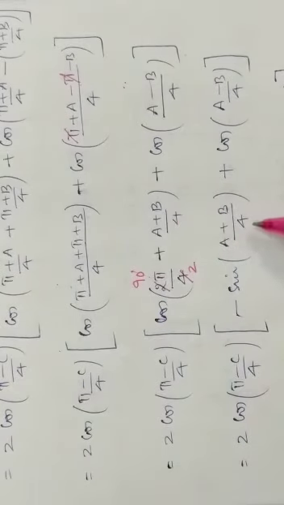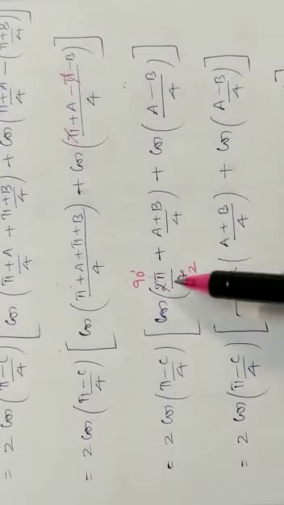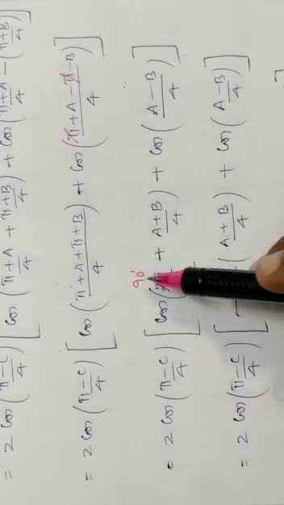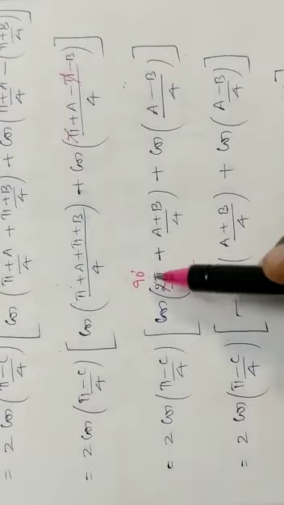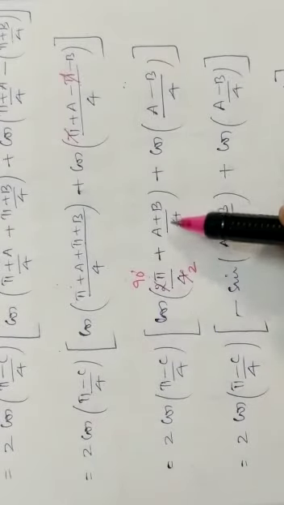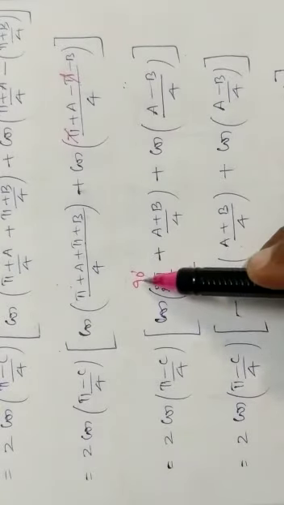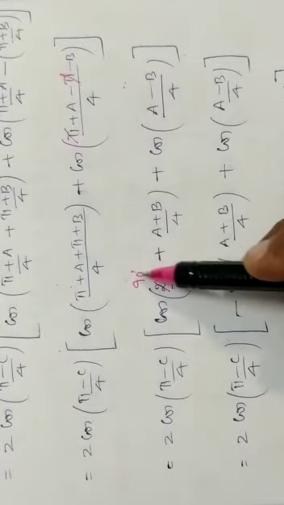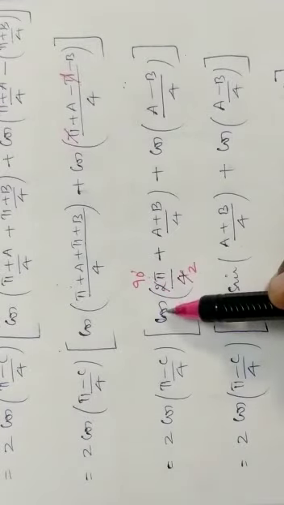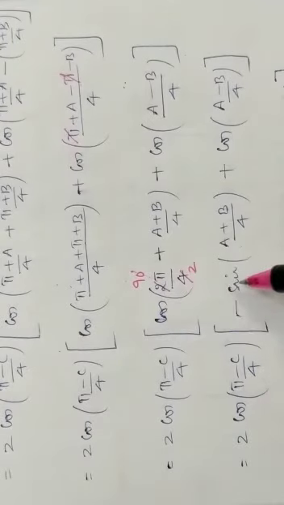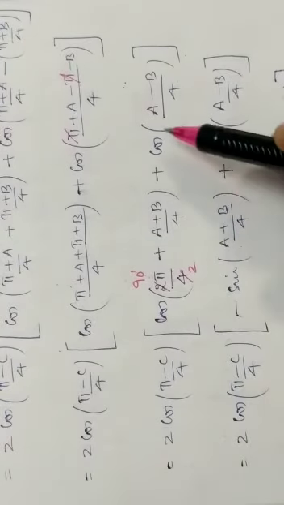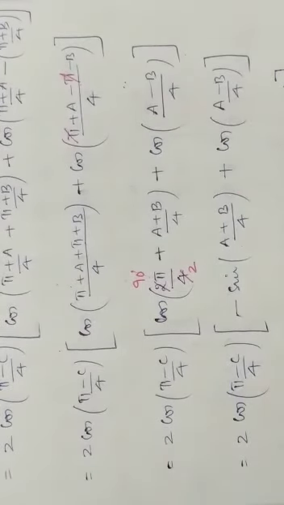Theta is (A + B)/4. So -sin((A + B)/4) plus cos((A - B)/4).